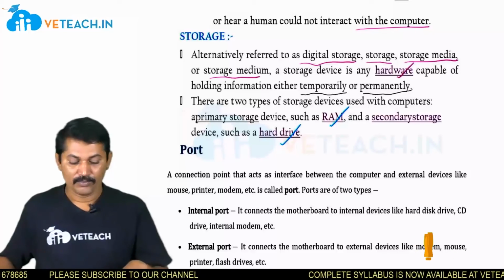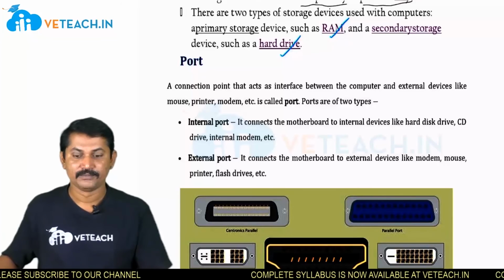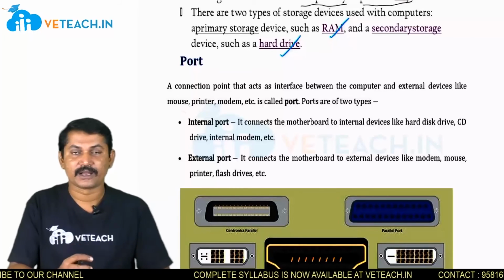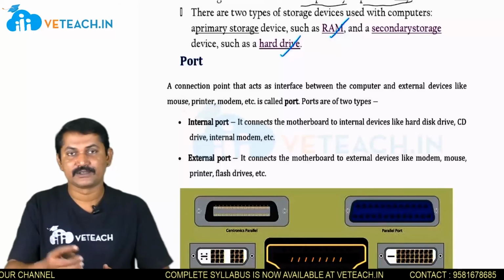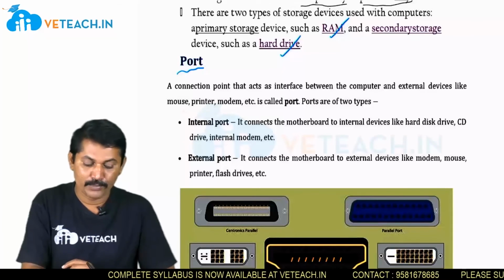Next one, to connect all these peripherals to the computer system, we need some connection socket. In general, we term it as a socket, but here in the computer, it is termed as the port.